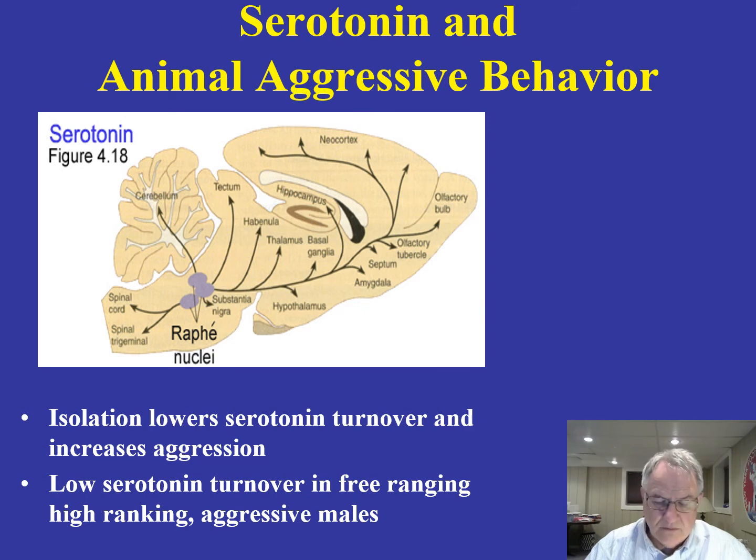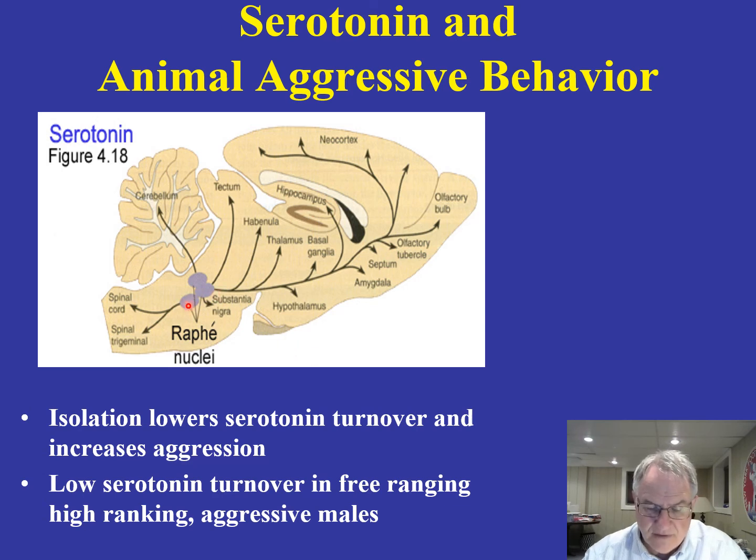You also find in free-ranging studies, animals in the wild, such as rhesus monkeys or baboons, that the most dominant, high-ranking animals have the lowest levels of serotonin in their brain. So again, this interesting relationship suggests there might be something about serotonin that is important for aggression.